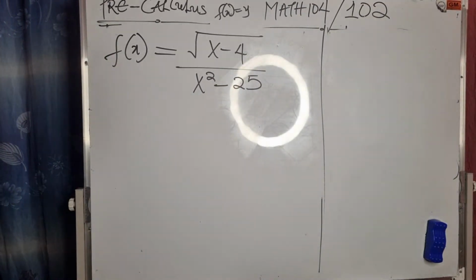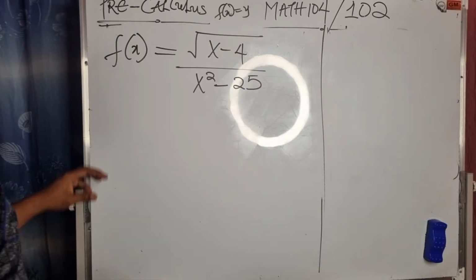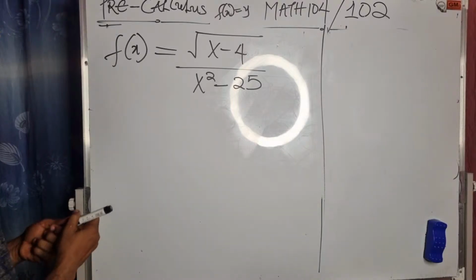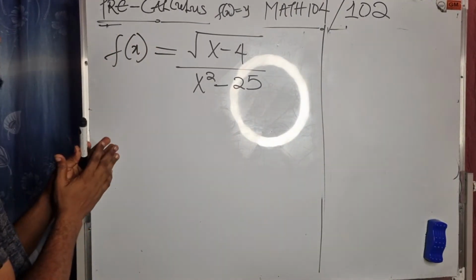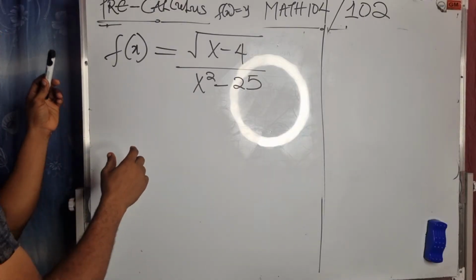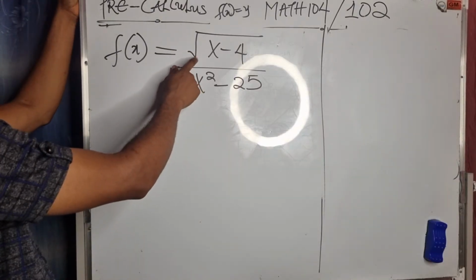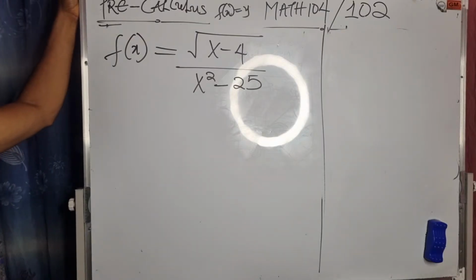We also find the domain of this function. In this case, we have what we call a rational function, but in the numerator we have a square root, an even square root function, right?